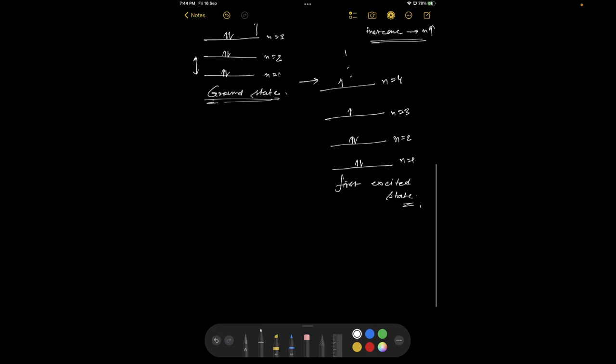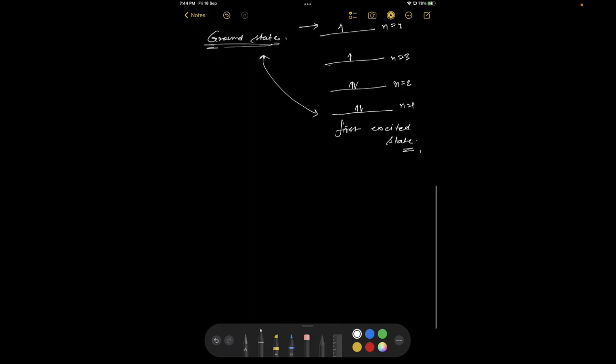Now we have to find out the wavelength corresponding to this transition, ground state to first excited state. Okay, so we know En equal to n square h square by 8m L square. So we have to find the difference of E(n+1) minus En, right?